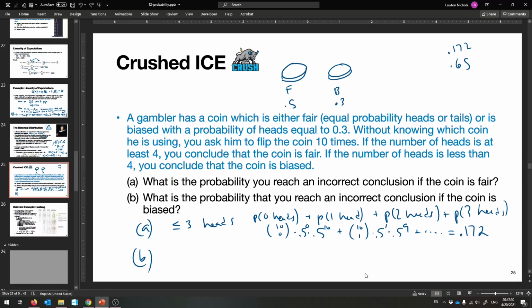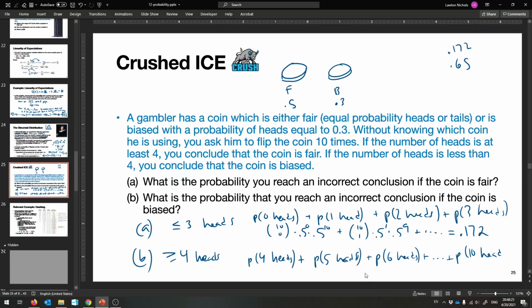So what we can do is find the probability that we saw greater than or equal to 4 heads on the biased coin. What's the probability that we saw 4 heads, plus the probability that we saw exactly 5 heads? These are all separate ways to do this. Plus the probability that we saw 6 heads, plus dot dot dot, the probability that we saw 10 heads.